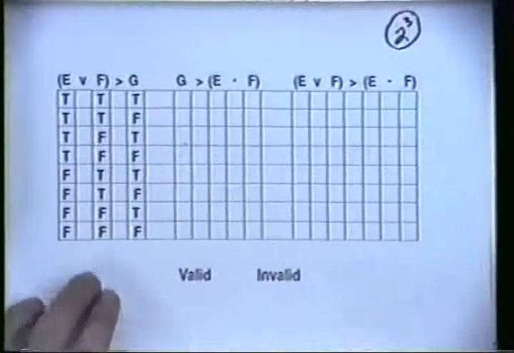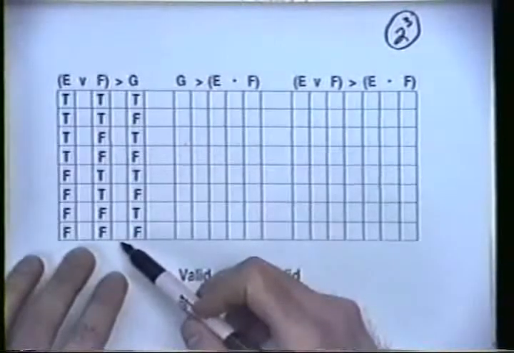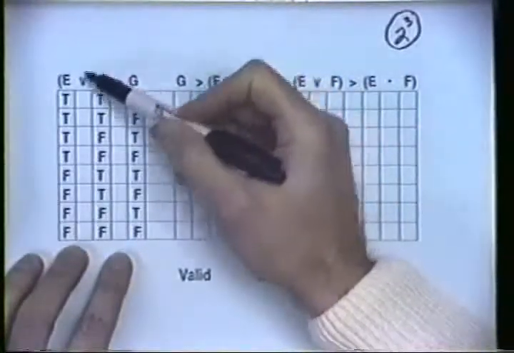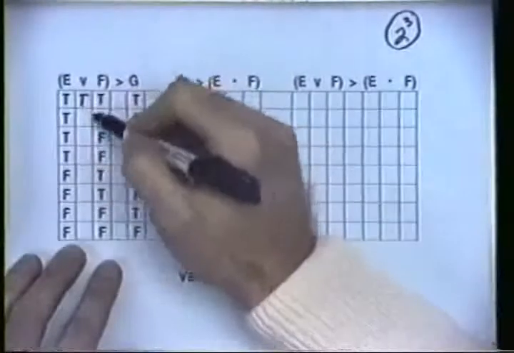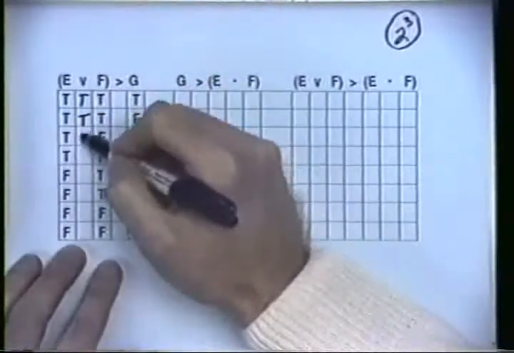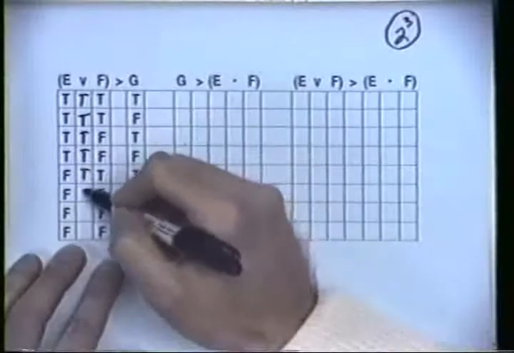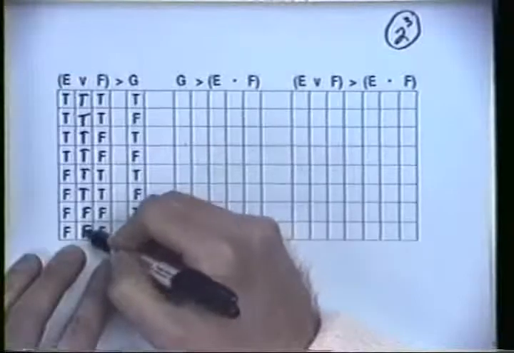Now we need then to figure out the columns under the connectives. So let's begin with the first premise here. We notice that the conditional is the main connective, which means that we'll need to work out the disjunction column first. And we'll remember now that that's true under every condition except where both of the disjuncts are false, like here and here.